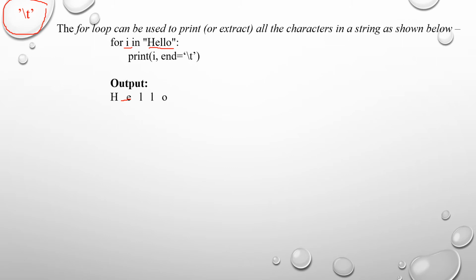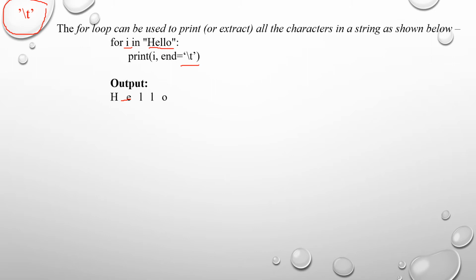After that we are going to print i, end is equal to backslash t. This extracts the characters in a string. Here the characters are H, E, L, L, O. So the interpreter output is H, E, L, L, O, with a space between them.